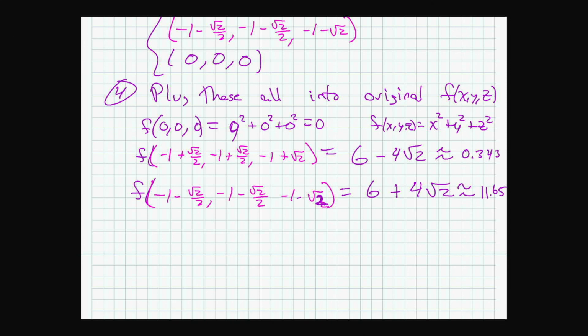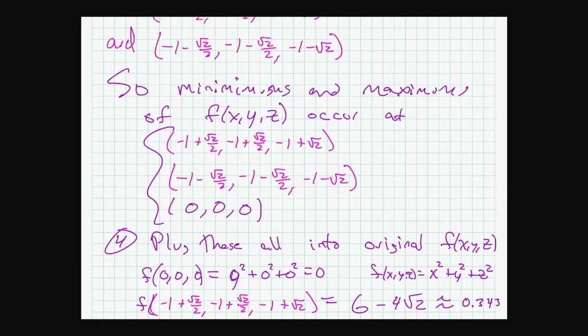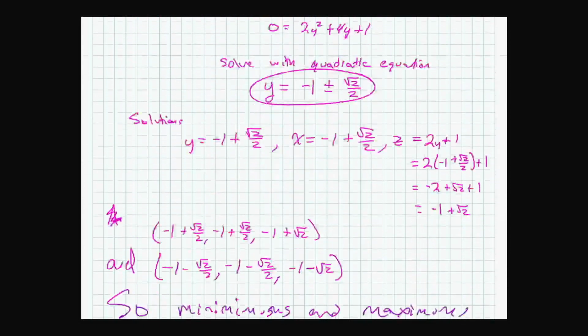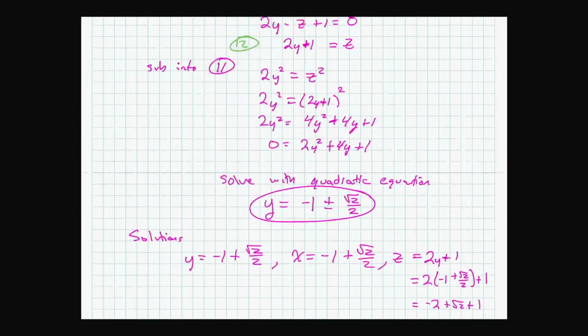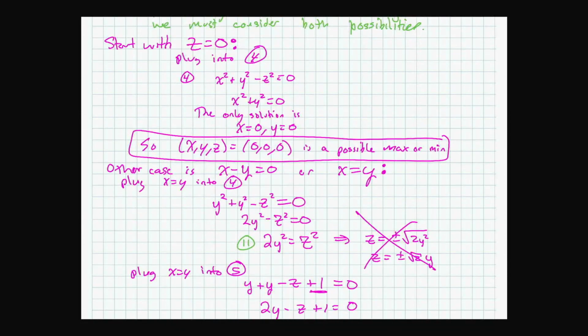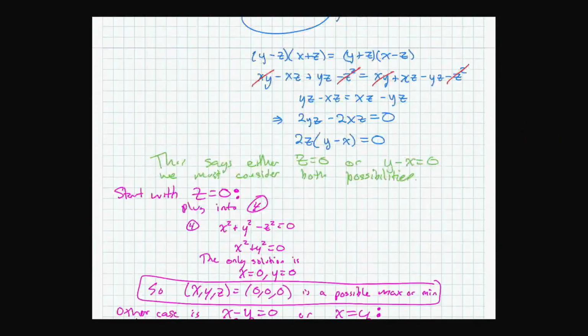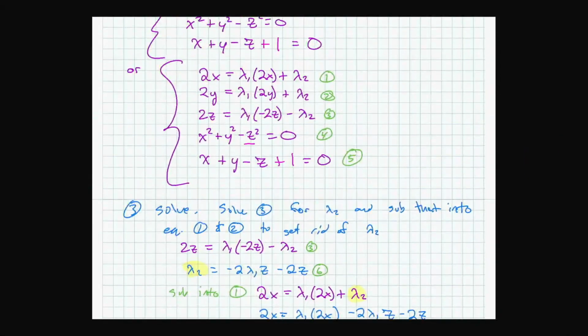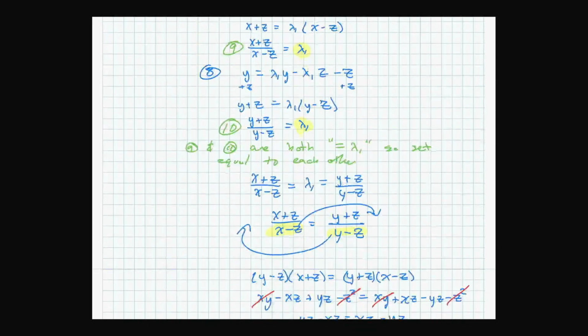Wait, why did they throw out 0, 0, 0? Hold on a second. Oh, okay. Yeah, it turns out that 0, 0, 0 didn't work, because once I fixed equation 5, because of that missing plus 1, 0, 0, 0 doesn't satisfy this, right? Because 0, 0, 0 would leave you with 1 equals 0, which is incorrect. So I have to go back to the 0, 0, 0 here.